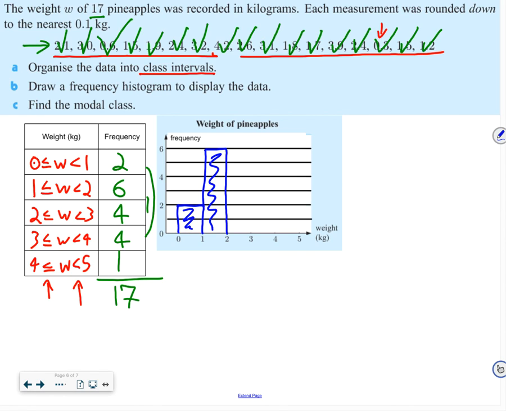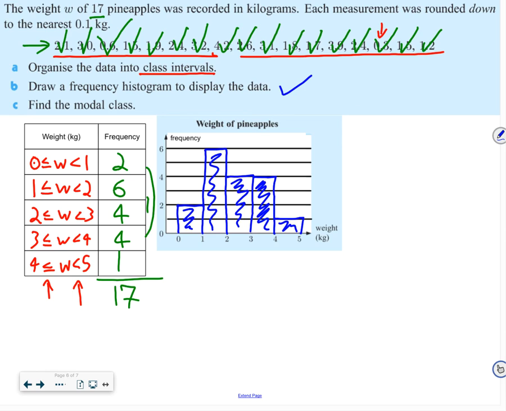From 2 to 3, I have 4, so I'm going to be 4 there. From 3 to 4, again, I'm 4. And 4 to 5, I have 1. Okay, so I've drawn my frequency graph.